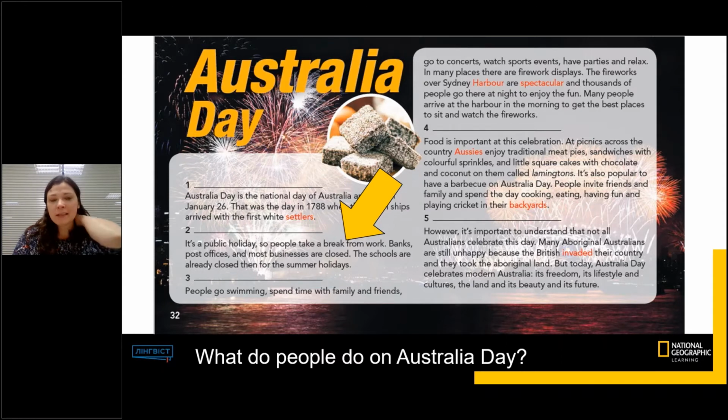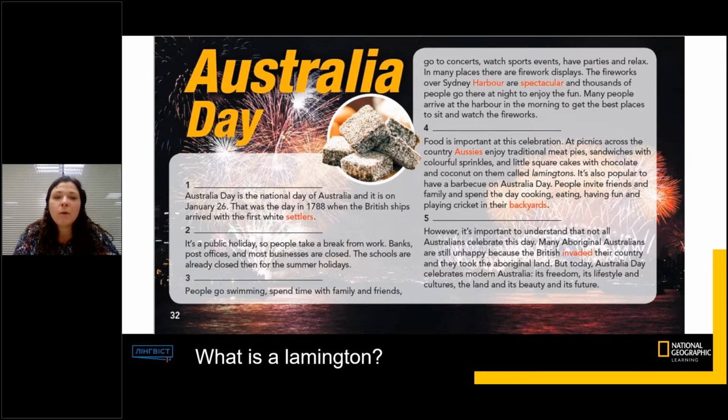People go swimming, spend time with family and friends, go to concerts, watch sports events, have parties and relax. Yes, that's what they do. What is Leamington? Try to find this word and tell me what it is.